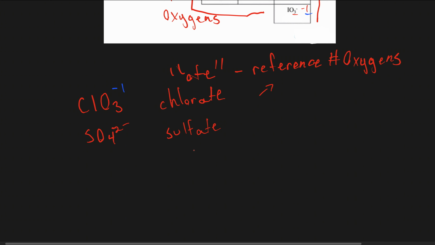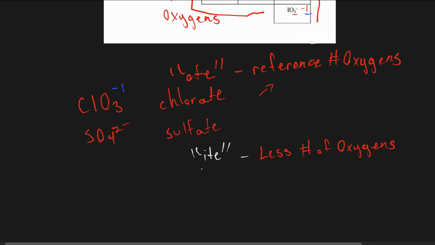When you have a lesser number of oxygens, we change the suffix to -ite, not -ate, but -ite.